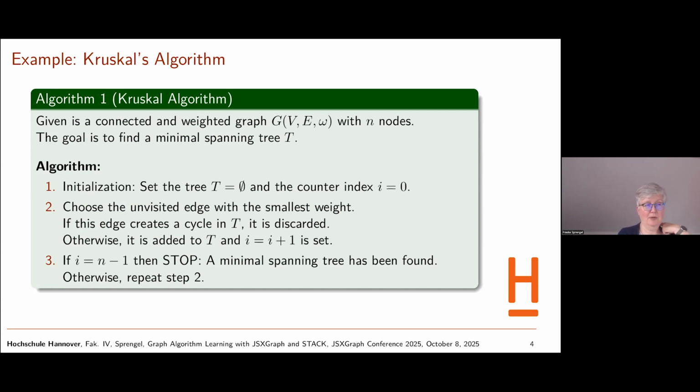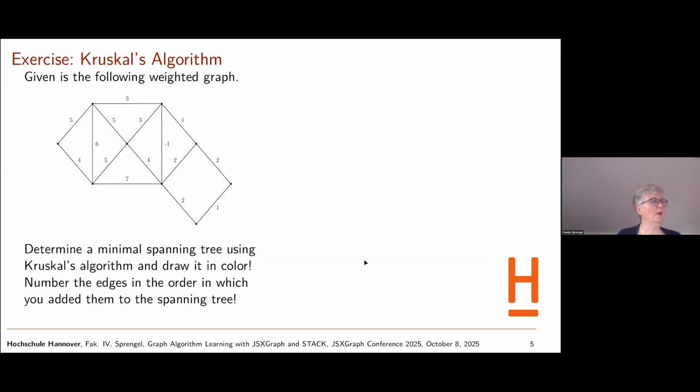And of course, when I present this algorithm, I do the things at the blackboard with chalk and maybe with more than one color. And this is maybe such an exercise. We have a weighted graph and we want to have a minimal spanning tree.